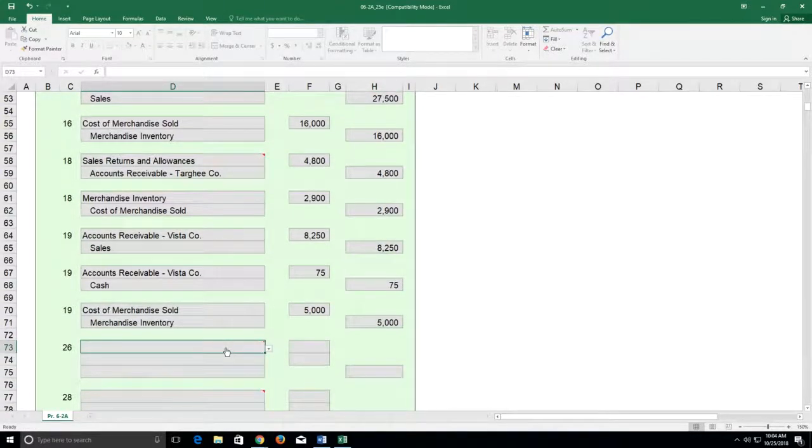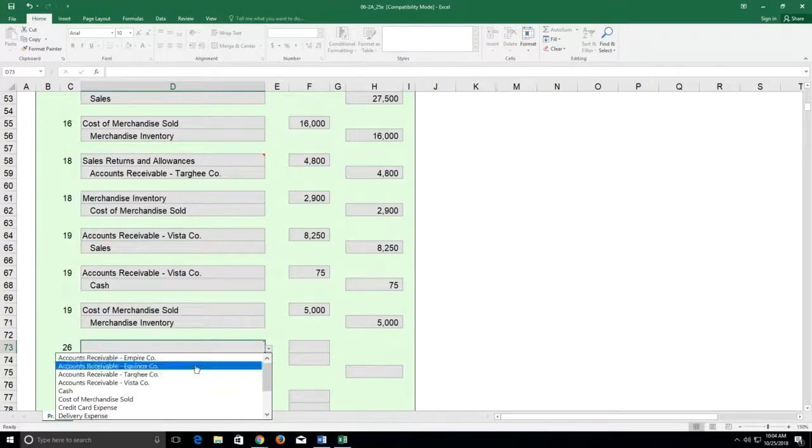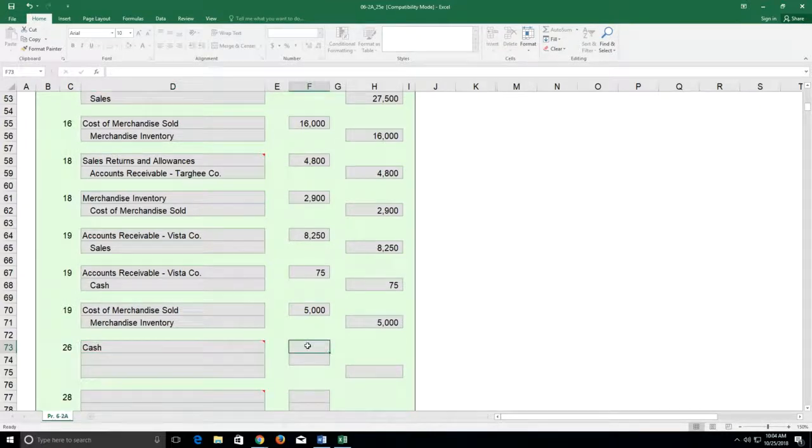On the 26th, we receive a check from Target Company, so we're getting some cash. All right, so how much did they owe us? They owed us $27,500, but they returned $4,800, and we're giving them a 2% discount. So it's going to be a big formula.